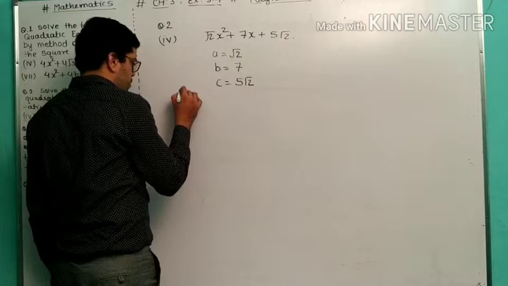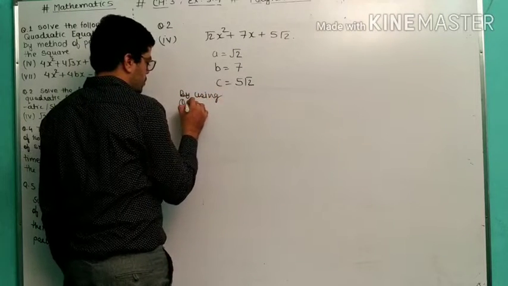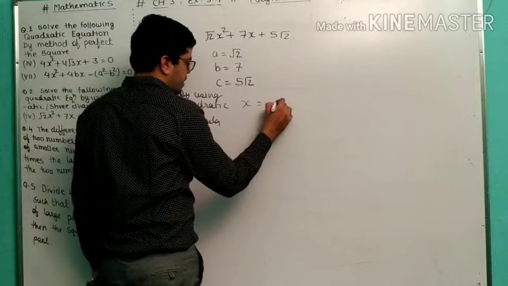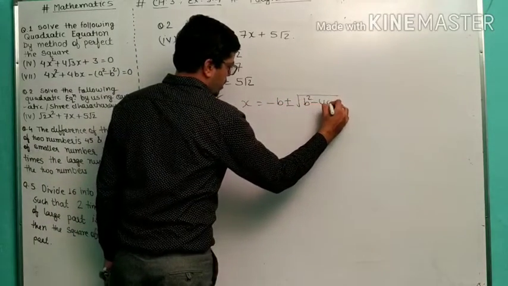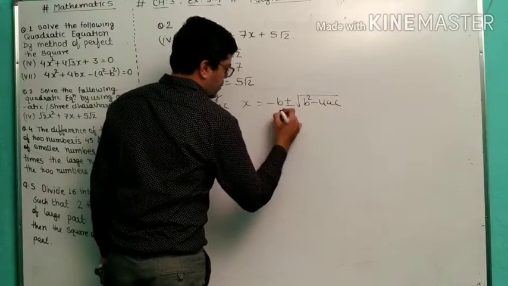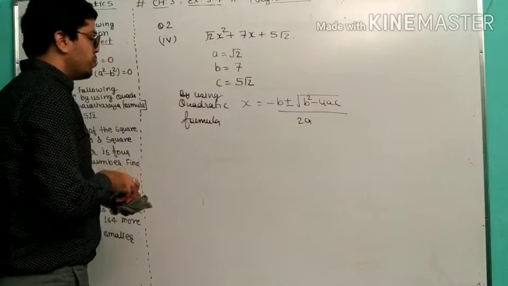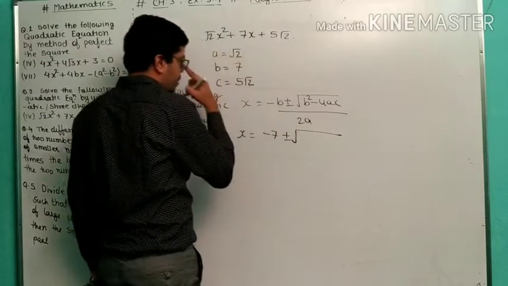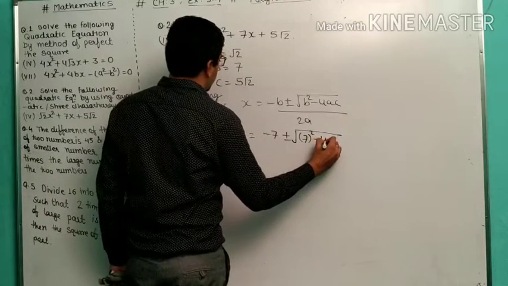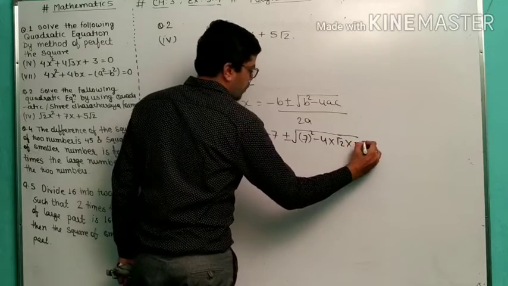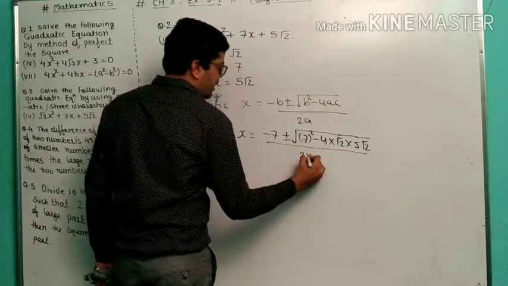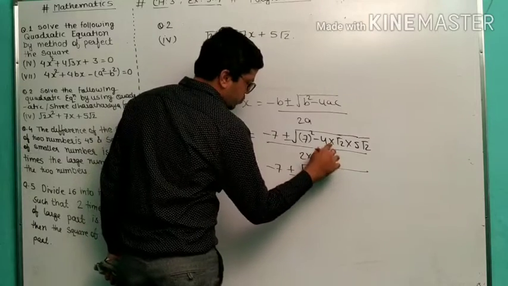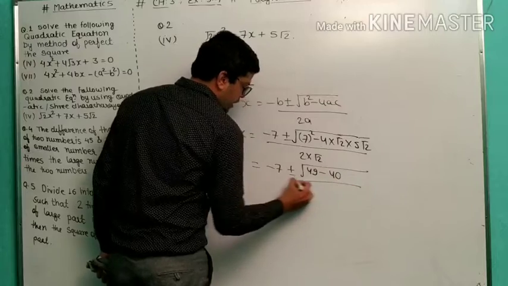Now, by using the quadratic formula, x equals minus b plus minus root of b square minus 4ac upon 2a, let's put in the given values. x equals minus 7 plus minus root of 7 whole square minus 4 multiplied by root 2 and 5 root 2, divided by 2 multiplied by root 2. So minus 7 plus minus root of 49 minus 40, since 5 root 2 times root 2 is 10, into 4 is 40, divided by 2 root 2.